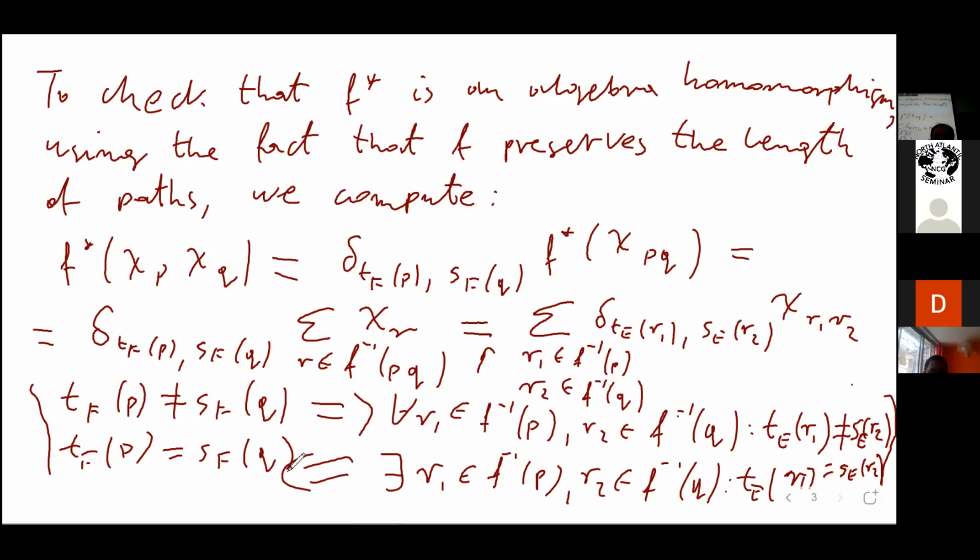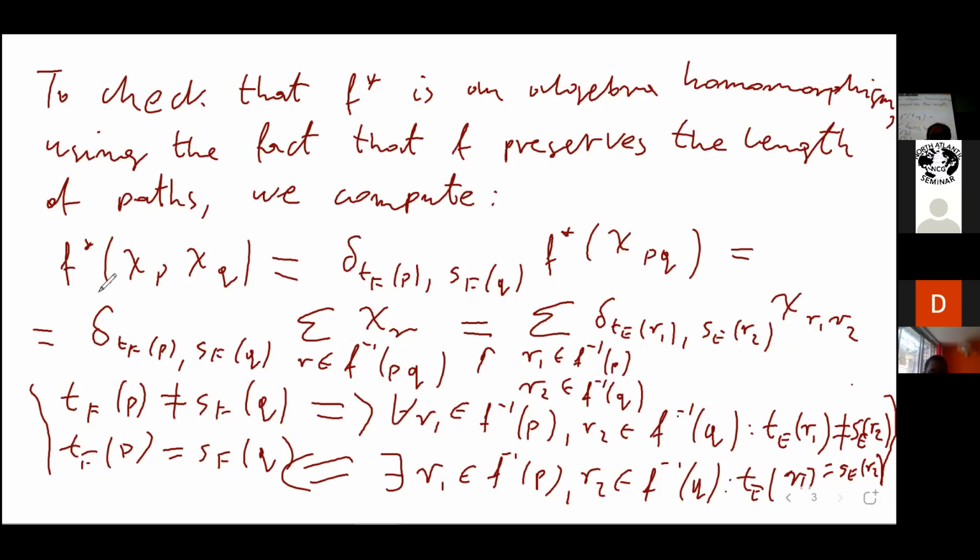And why does it help us with what we just wrote above? Well, when the end of P is not the beginning of Q, the left-hand side is 0. So now I want to ensure that also the right-hand side is 0. But this is done by this implication.